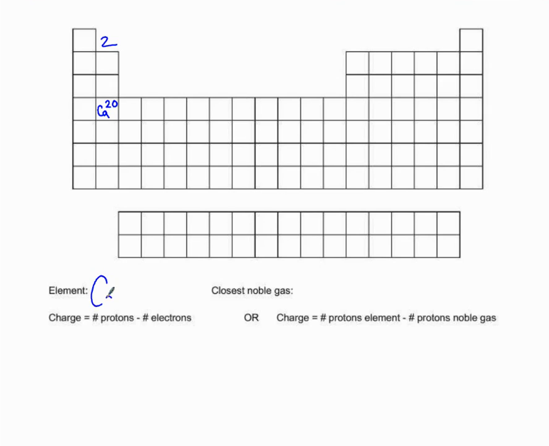So my element is calcium, and it has 20 protons. The closest noble gas would be argon with 18.